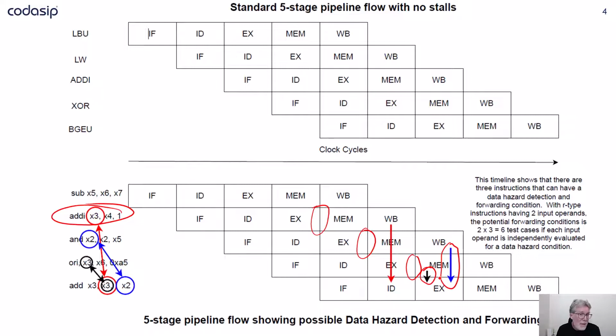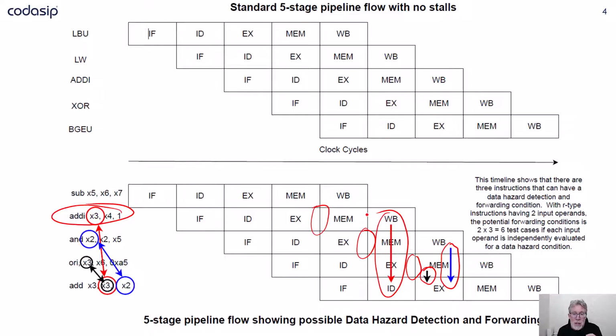But the data was not available in the register file until the instruction on my bottom add is actually out of the decode. So I actually need to do the forwarding from the write back stage into the decode stage.